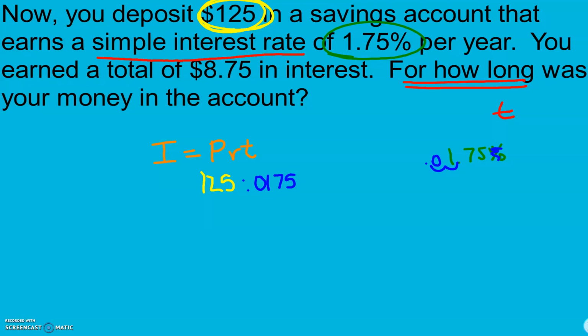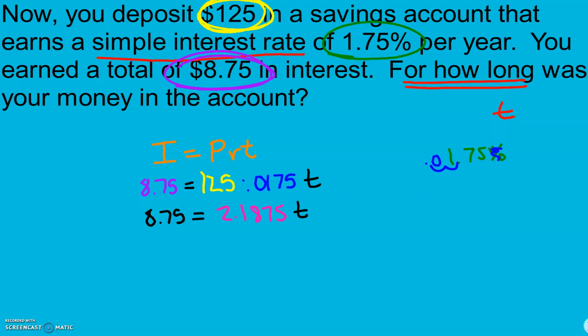And then our interest here is our last piece of information, $875. So I'm looking for T again, don't forget. I can go ahead and simplify on my right side. It's not as simple as I can get it, so I can do that multiplication. I get 2.1875 times T equals 875.